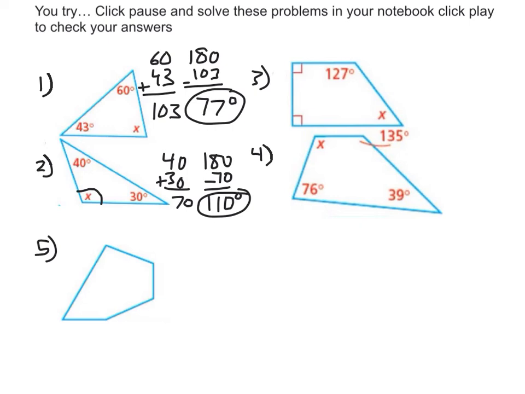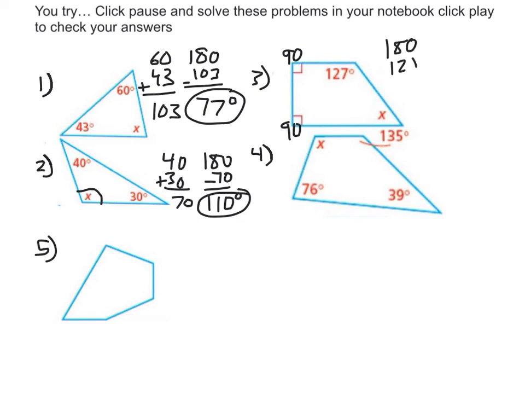So that makes sense. For number 3, the 4 angles in each of these quadrilaterals needs to add up to 360. So I have 2 90-degree angles, and I have 127 degrees and x. So 90 and 90 make 180.